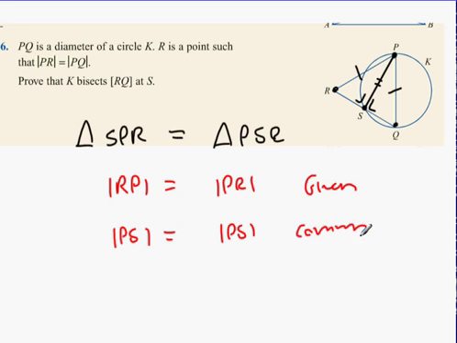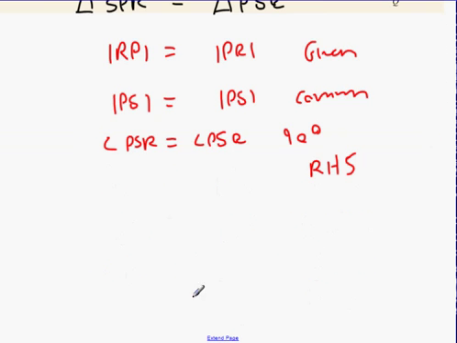And then finally, angle PSR equals angle PSQ, and the reason for that is 90 degrees. I then have RHS. Remember what RHS is? If you have the right angle, the hypotenuse, and any one of the sides that are the same, you can prove that they are congruent.